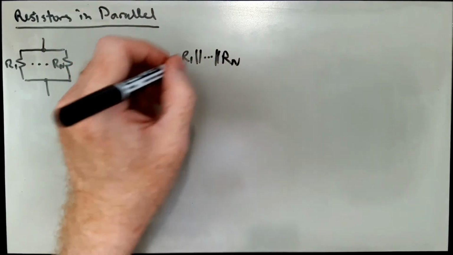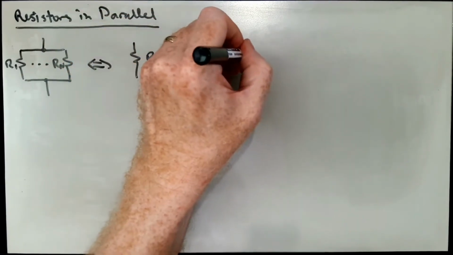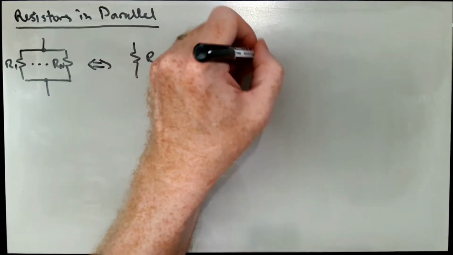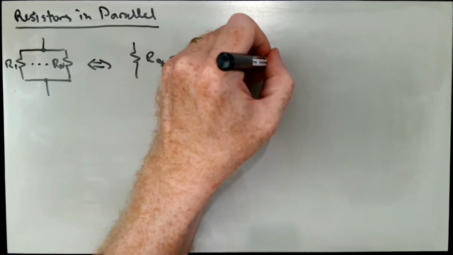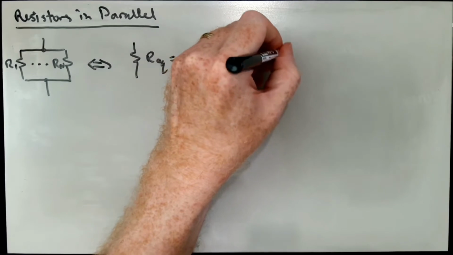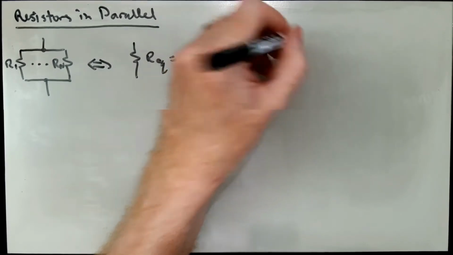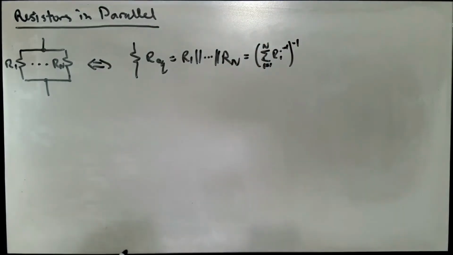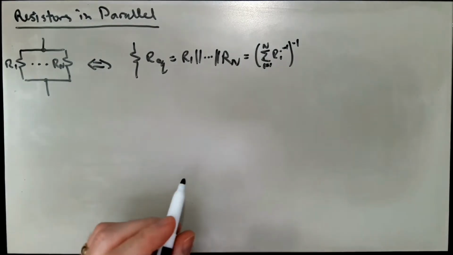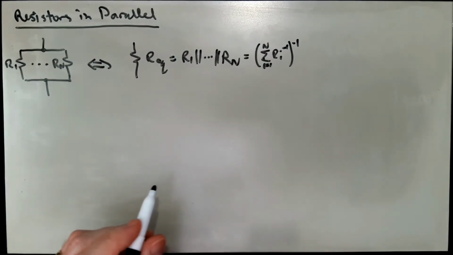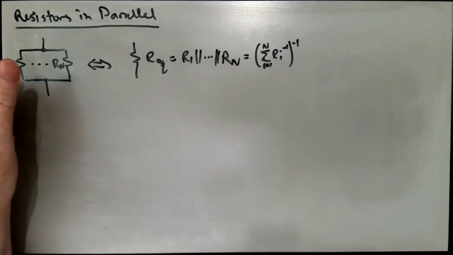And for computational purposes, this is equal to the reciprocal of the sum of the reciprocals. And we're going to use this way of expressing it in order to do the required calculations.